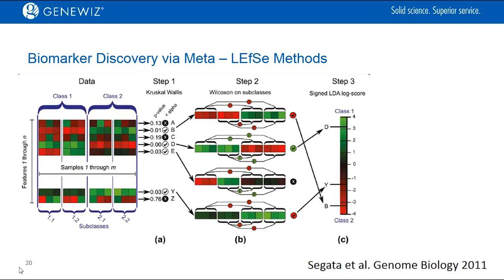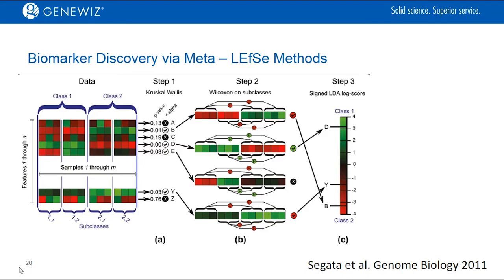So this is testing whether pairwise comparisons between these subclasses within each class significantly agree with the class-level trend or not. The features that make it through this layer of feature selection then are used to build an LDA, or linear discriminative analysis model, from which the relative difference among classes is used to rank the features.